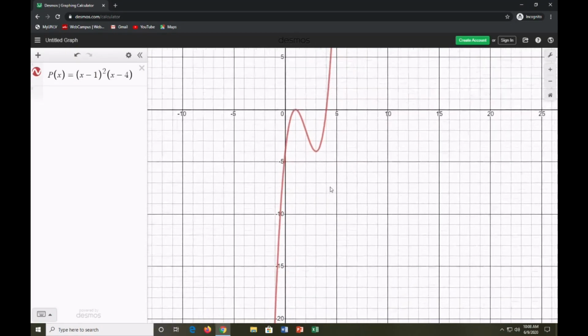So, lo and behold, oh, my graph wasn't too off here. I'm right in the right neighborhood, actually exactly at that point, at 0 comma negative 4, it's where this curvature happens. But at this point, the line continues down like that, so it doesn't curve back up again. And it shouldn't, actually. Okay?